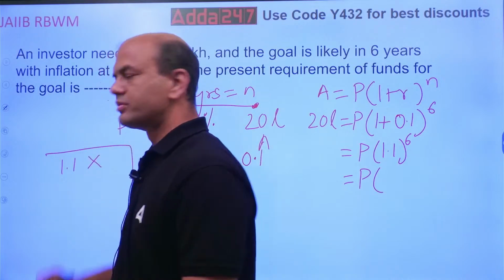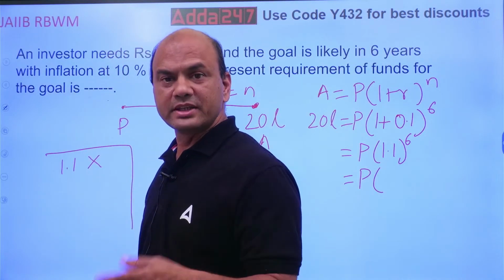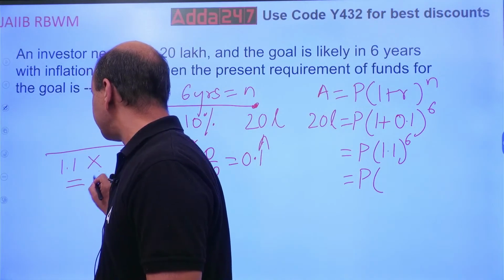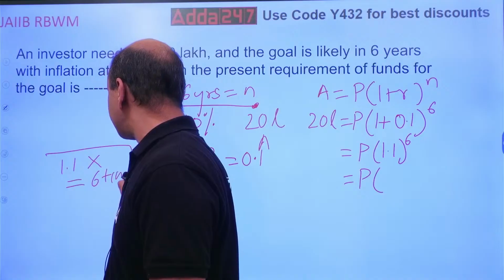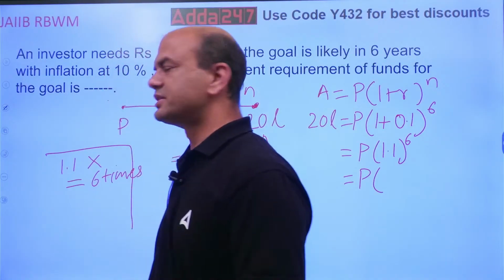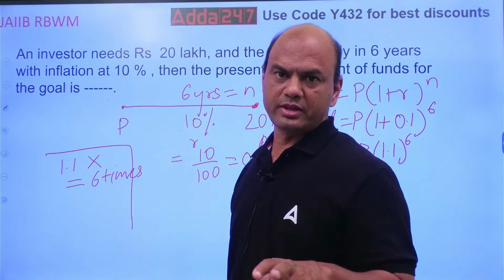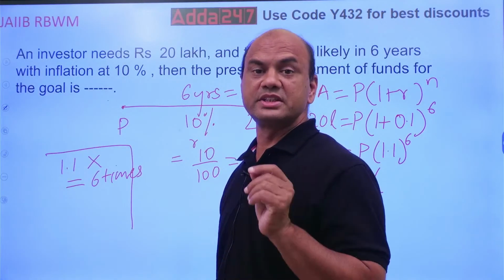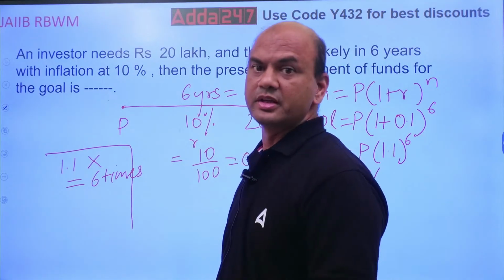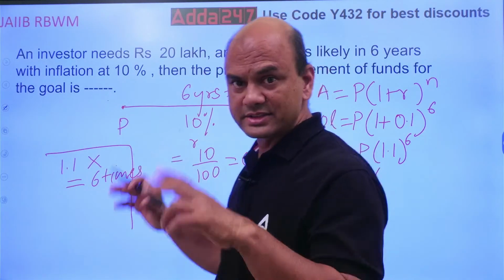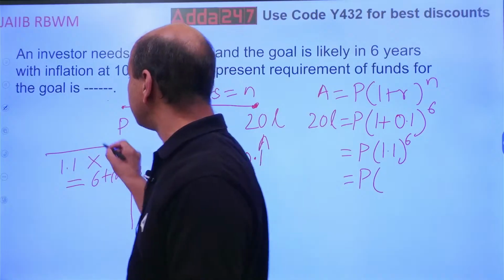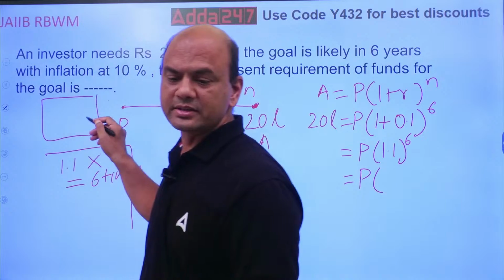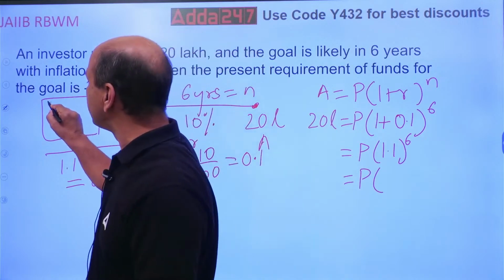Press into. Then go on pressing equal to 6 times. How many times is required? 6 times. So 1.1, press into, then equal to 6 times. You will get the answer. There is also a hint in that calci. Whenever you go on pressing, you get a small number above on the left side or right side.